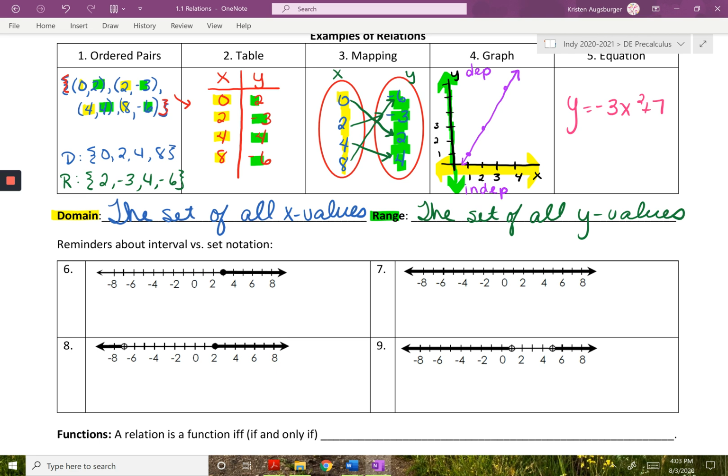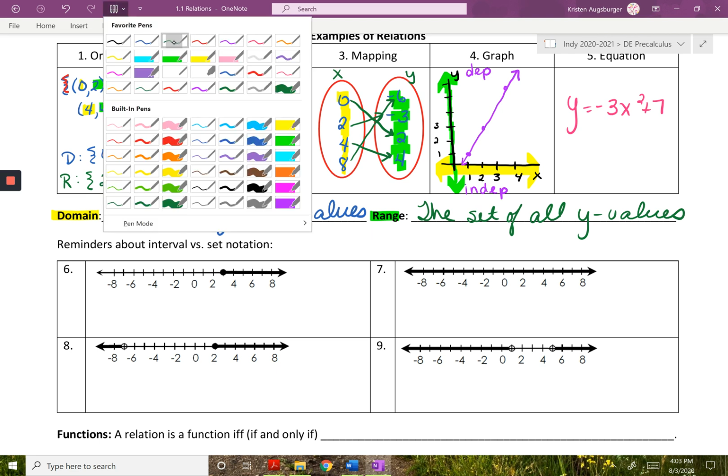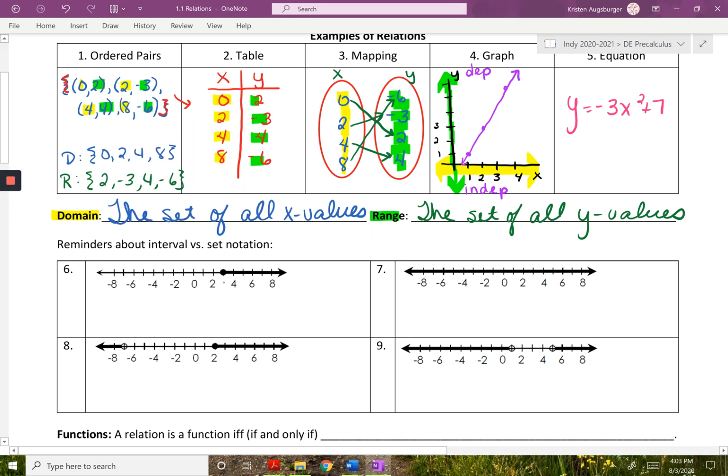So for set notation here, if we look at this graph, we see that my graph starts at 3 and it continues on to infinity. So that means that my domain for this guy is the set of the numbers from 3 to infinity.